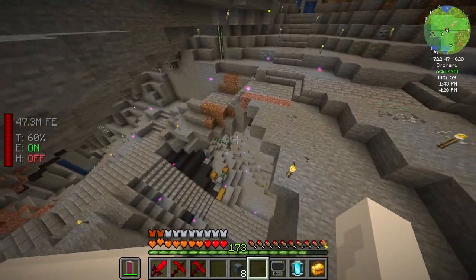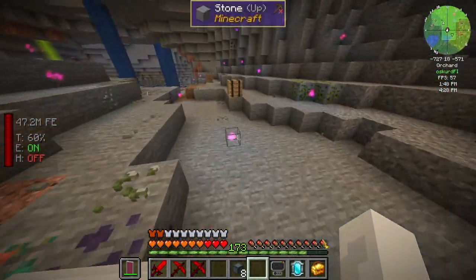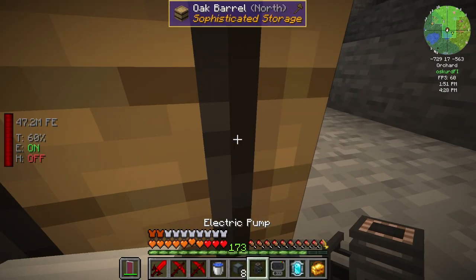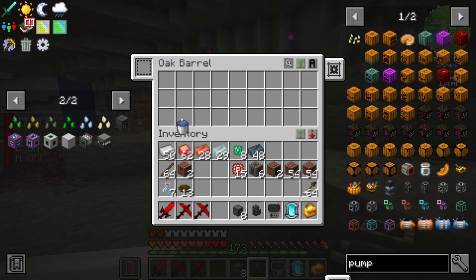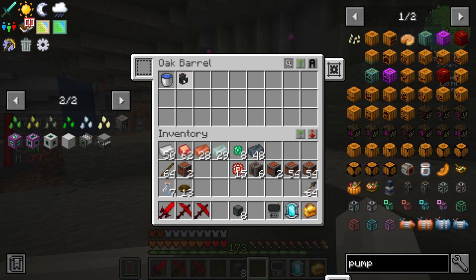Let's go to our barrel and drop those there. It's very small though. I was expecting this to be larger.